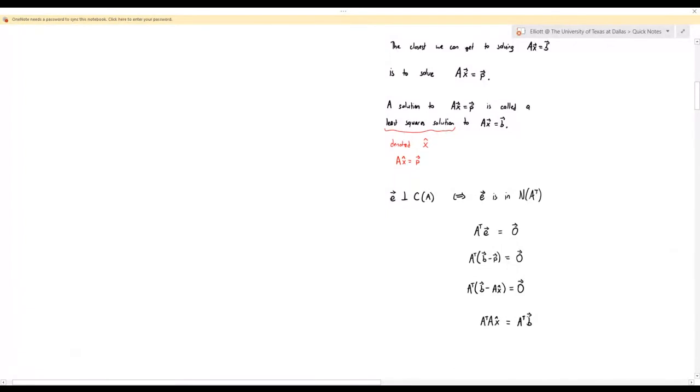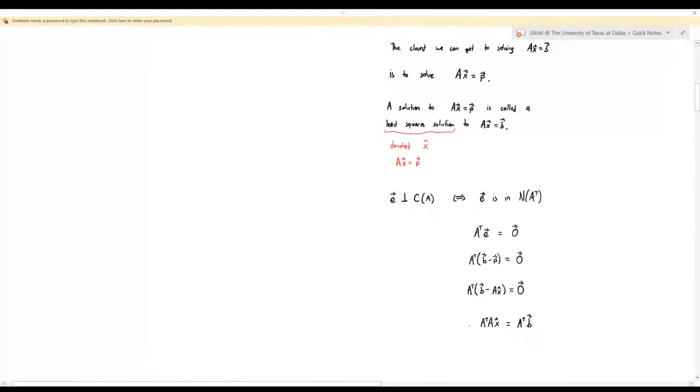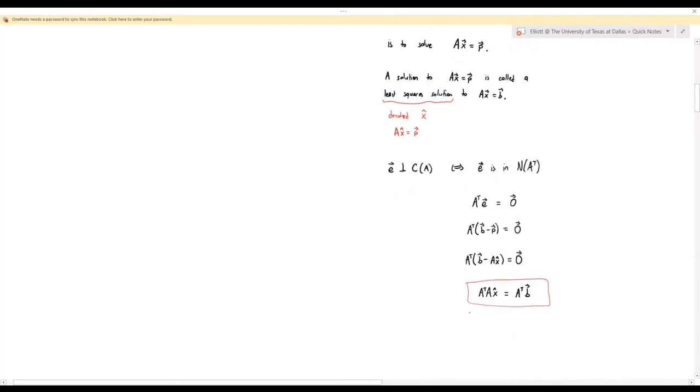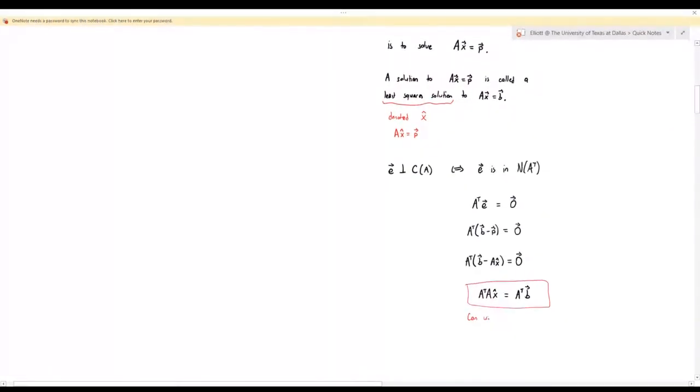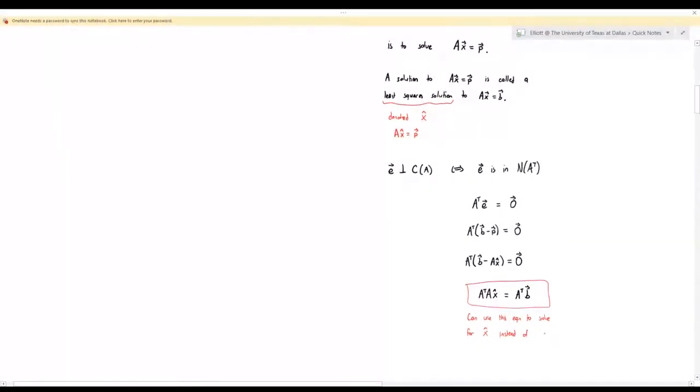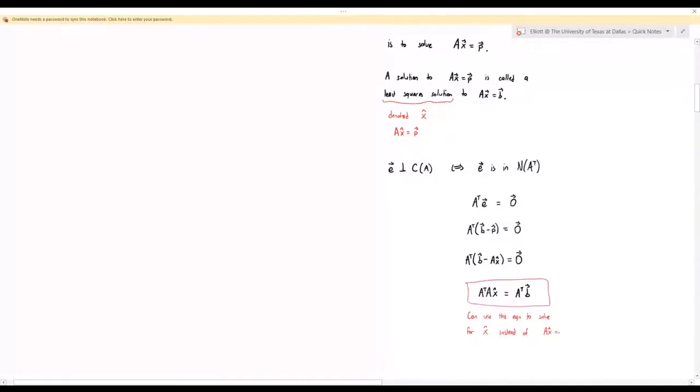Okay? So here we have another equation that we can use to solve for the least square solution. We can use this equation instead of using the equation A x hat equals p.